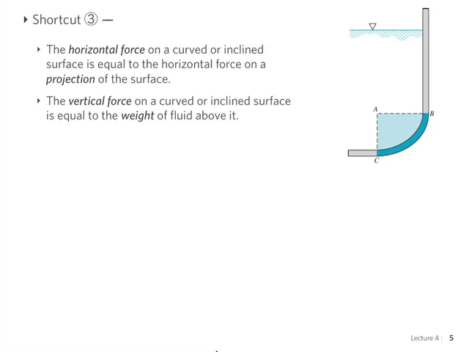The horizontal force on a curved or inclined surface is equal to the horizontal force on a projection of the surface in the horizontal direction. I will explain further in a moment. And the vertical force on a curved or inclined surface is equal to the weight of fluid above.